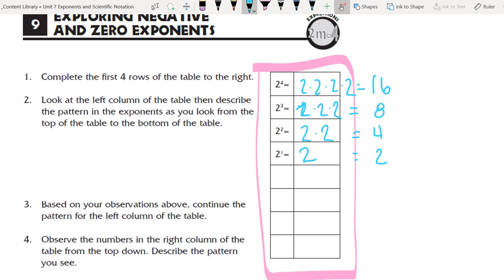So based on these observations, let's finish out the left column. What belongs here? We've gone from 2 to the 4th to 2 to the 3rd to 2 to the 2nd to 2 to the 1st. What goes here? 2 to the 0 power. And then after that, we would have 2 to the negative 1 power, 2 to the negative 2 power, and 2 to the negative 3rd power.